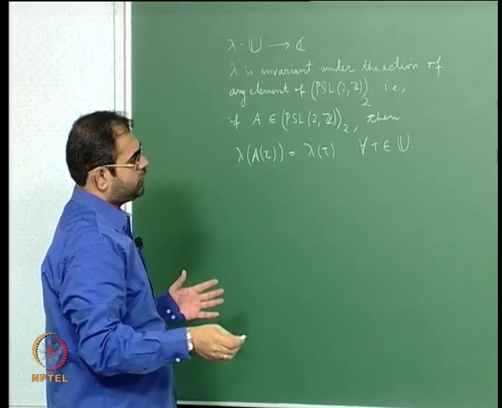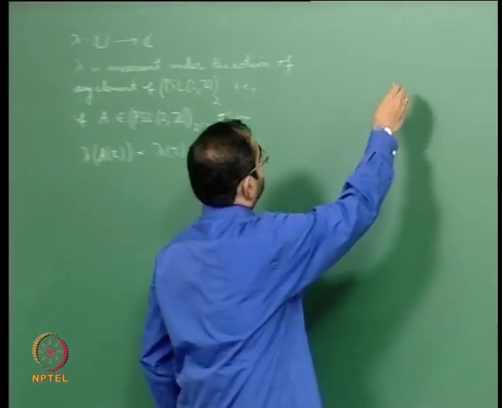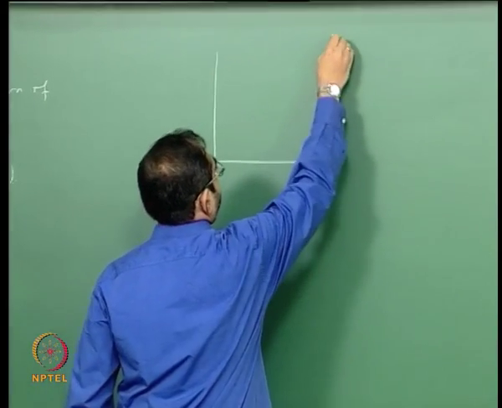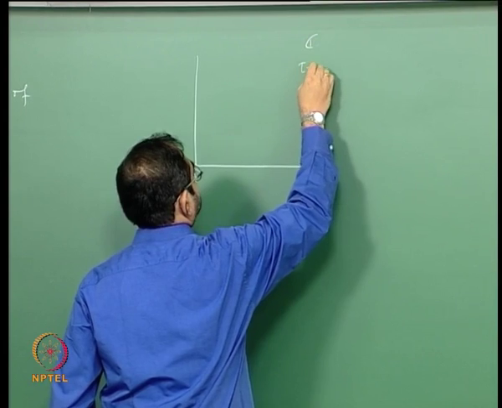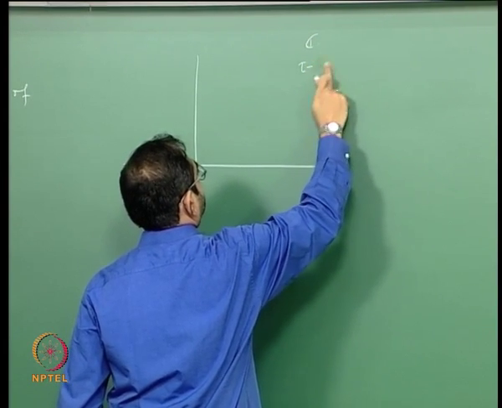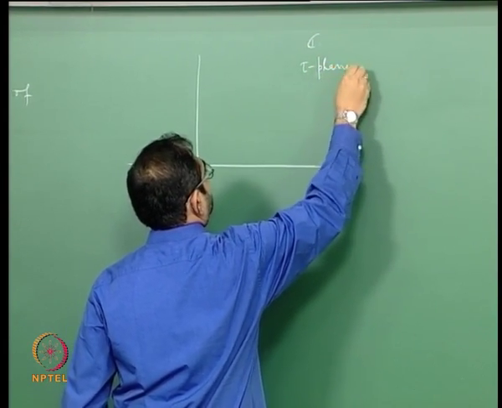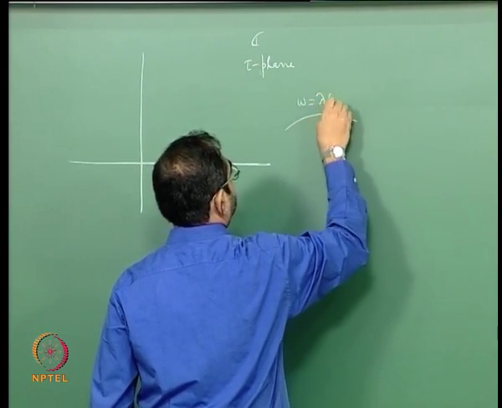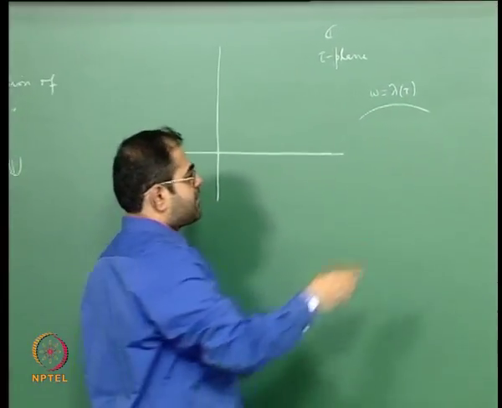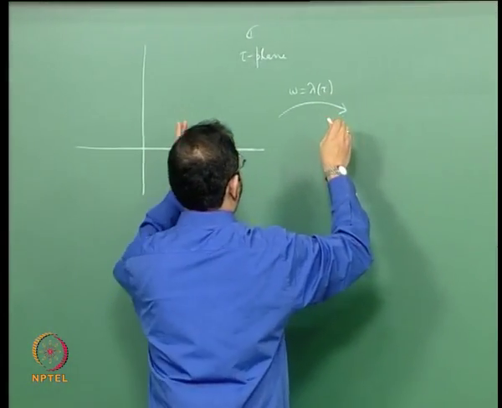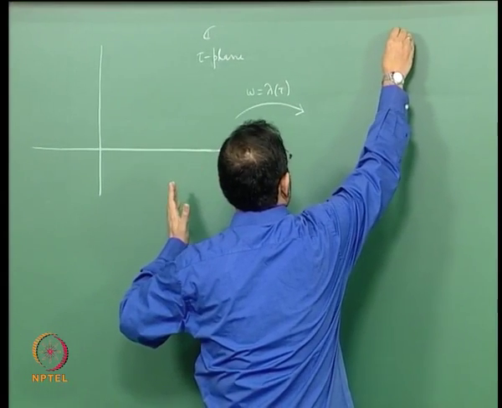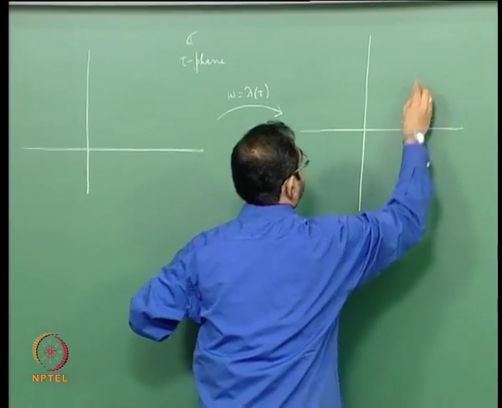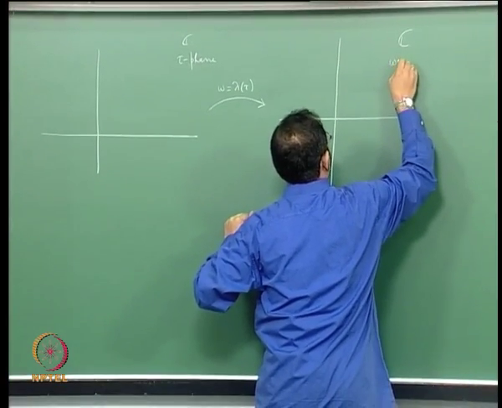We would like to know, if you look at the complex plane which I will call the tau plane, and then I take the mapping omega equal to lambda of tau, this is a mapping that is going to take values in another complex plane which I will call the omega plane.